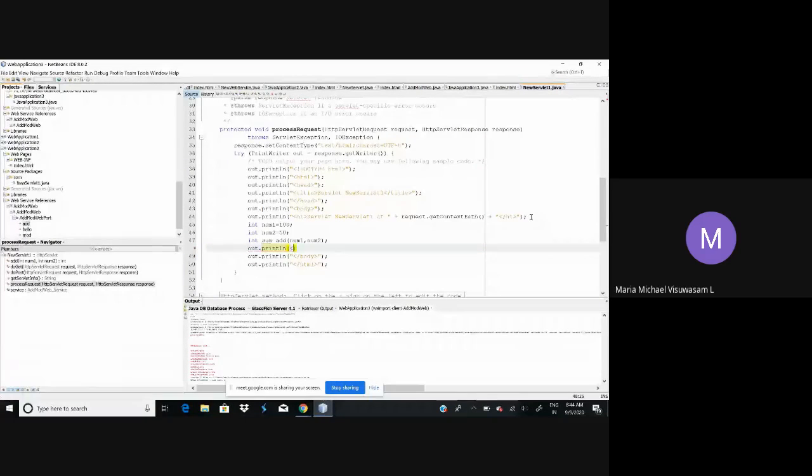So inside the header, sum of two numbers.